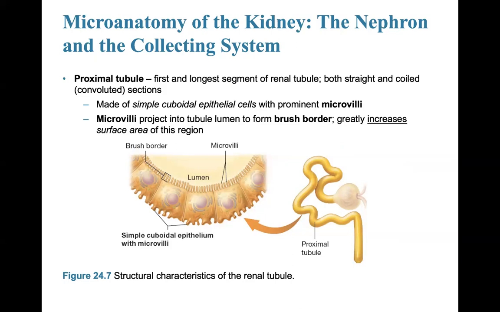And that's what we're going to see here, is you're going to have lots of absorption of materials back into the blood, essentially by those peritubular capillaries that are sort of surrounding at that point.